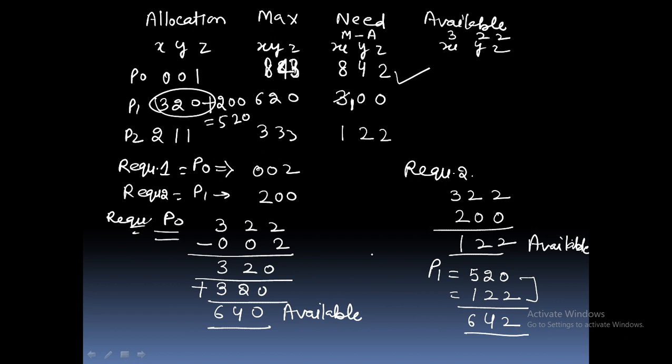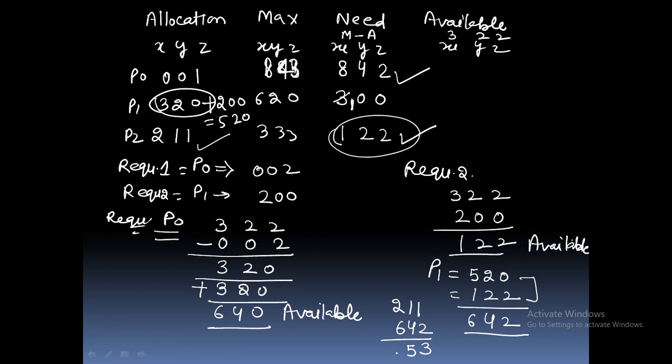Process 2 is given 211. You can satisfy its need because its need is 122. After satisfying its need, resources will be freed, that is 211 plus 642.